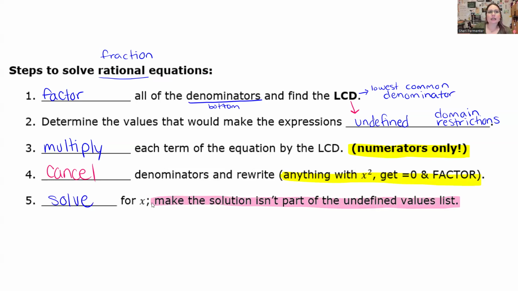So please don't forget this last part. So again, these problems have like 5 steps to solve them. Let's get started.